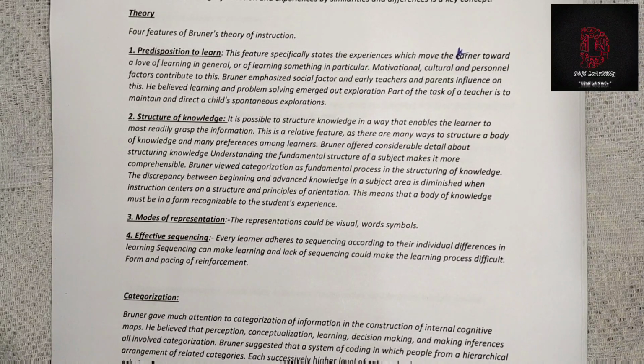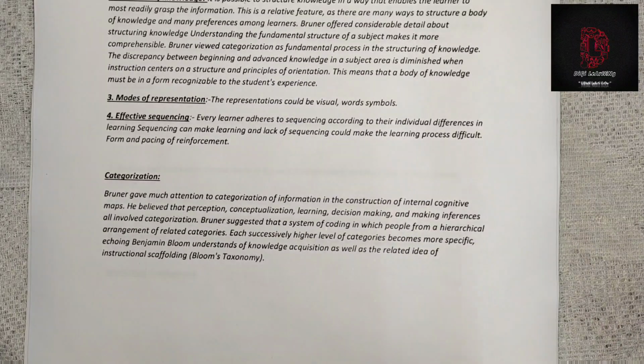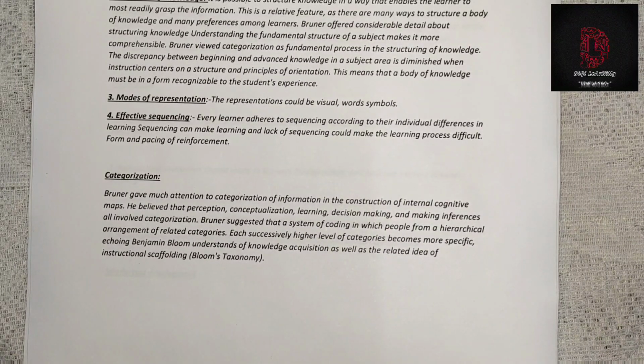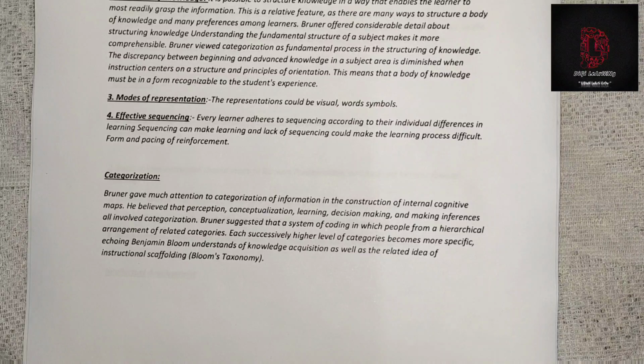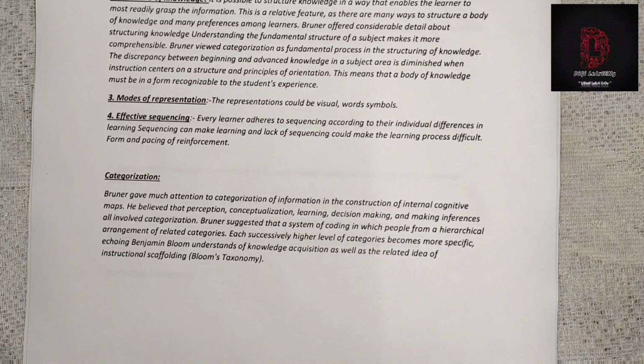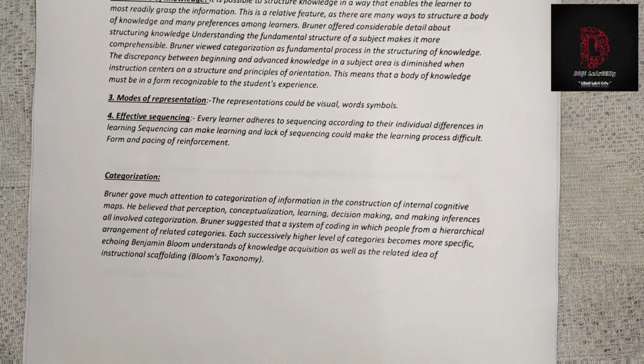Next is categorization. Bruner gave much attention to categorization of information in the construction of internal cognitive maps. He believed that perception, conceptualization, learning, decision making, and making inferences all involve categorization.